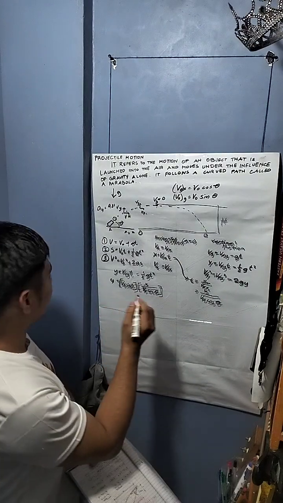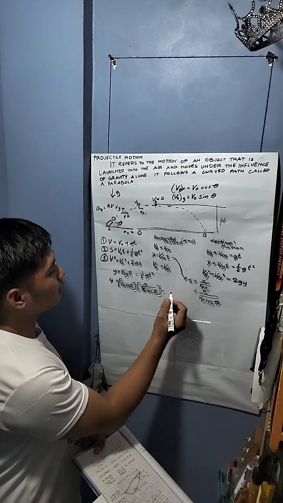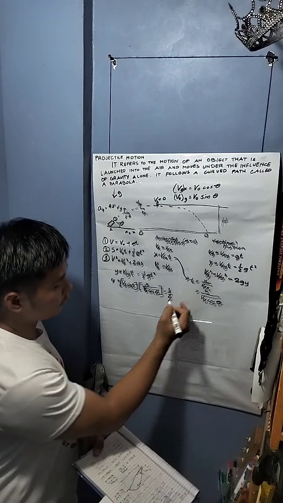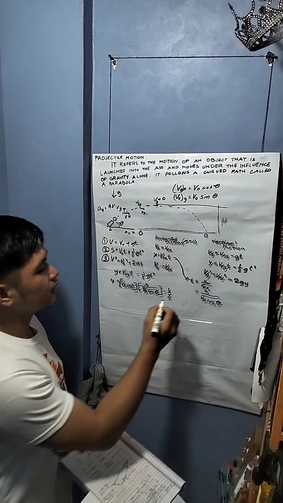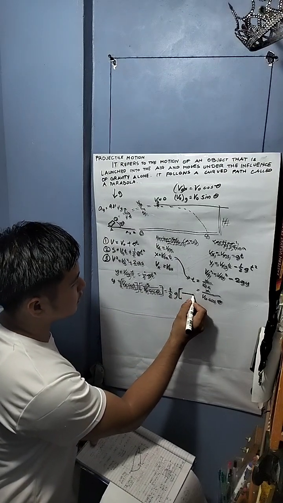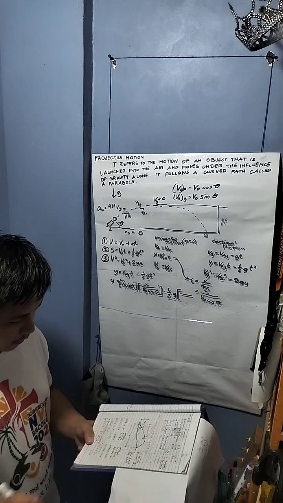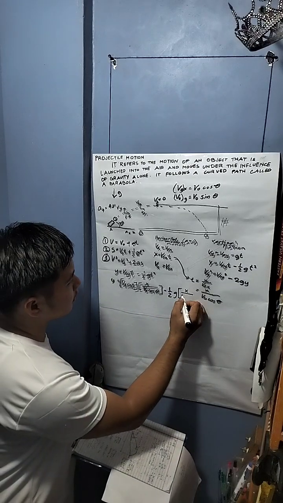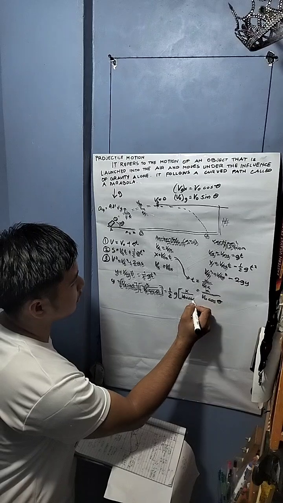Next, we have minus 1/2 times the gravity, and again the time is x over V naught cosine theta.